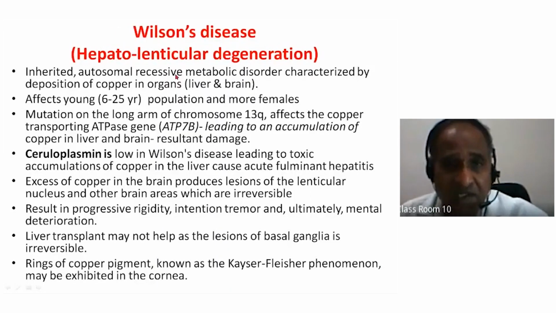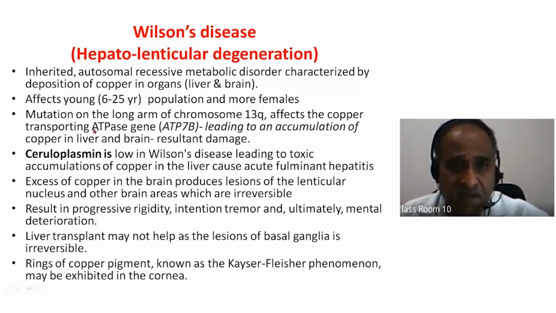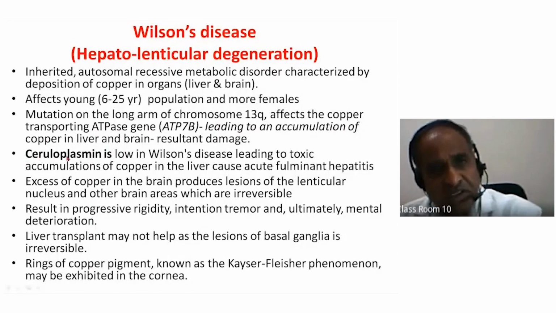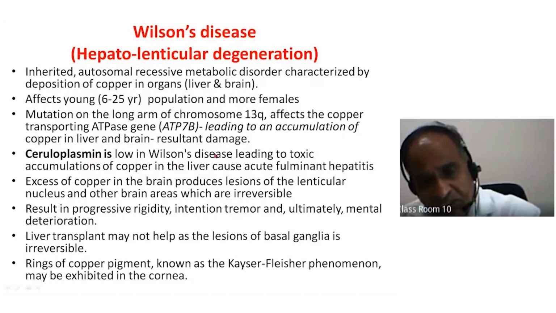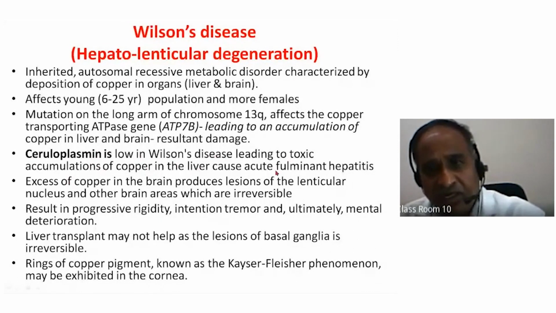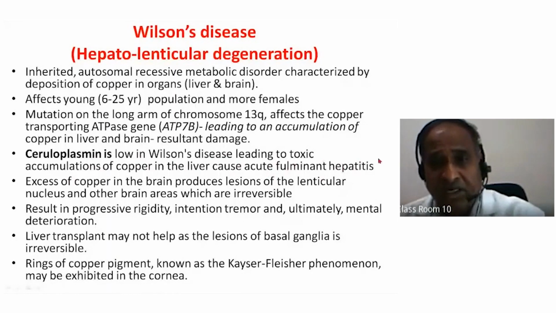Now coming back here, the defect in the copper transporting ATP gene leads to accumulation of copper in the liver. In this condition, the copper transporting plasma protein ceruloplasmin is low in Wilson's disease, and this leads to toxic accumulation of copper in liver, and it produces hepatitis, a fulminant hepatitis.